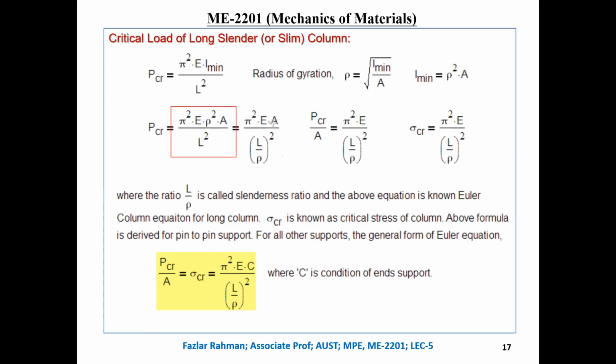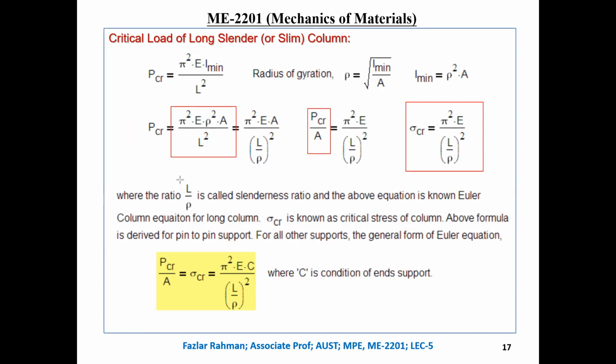Now this A we bring to the left side. So you get P critical by A equals pi square E, L by rho square. So you get sigma critical equals pi square E, L by rho square.